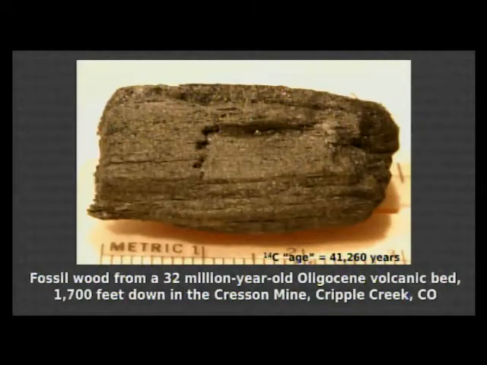Here we see fossil wood from a volcanic bed 1,700 feet down in the Crescent gold mine in Cripple Creek, Colorado, and it yielded a radiocarbon age of 41,000 years.